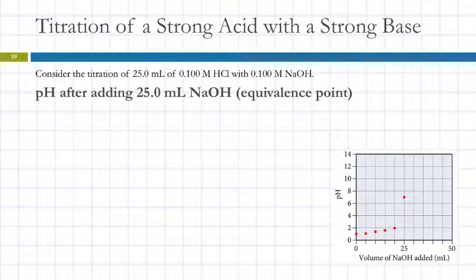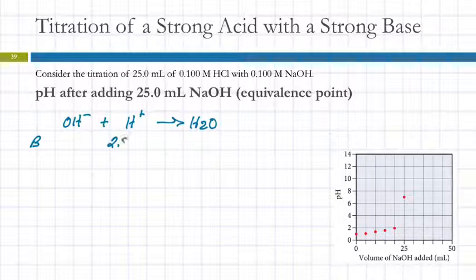So pH after 25 milliliters of sodium hydroxide, this is at the equivalence point. Oh, let's be consistent. So hydroxide plus hydrogen ion, making water. Before the addition, I had 2.5 millimoles of the hydrogen ion. The addition is going to be 2.5 millimoles of hydroxide ion.